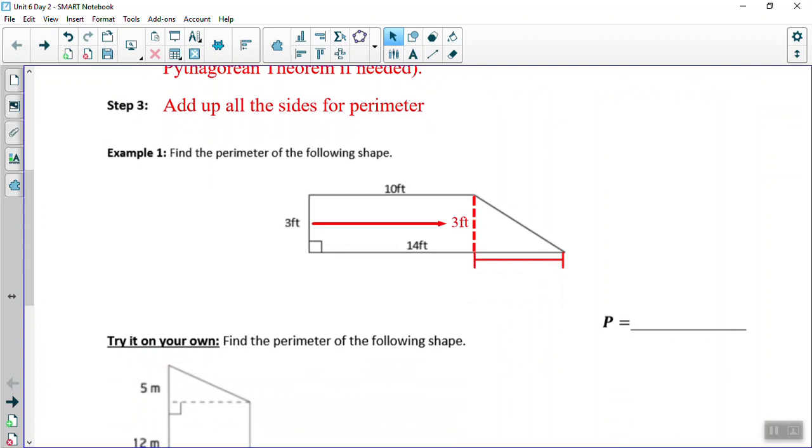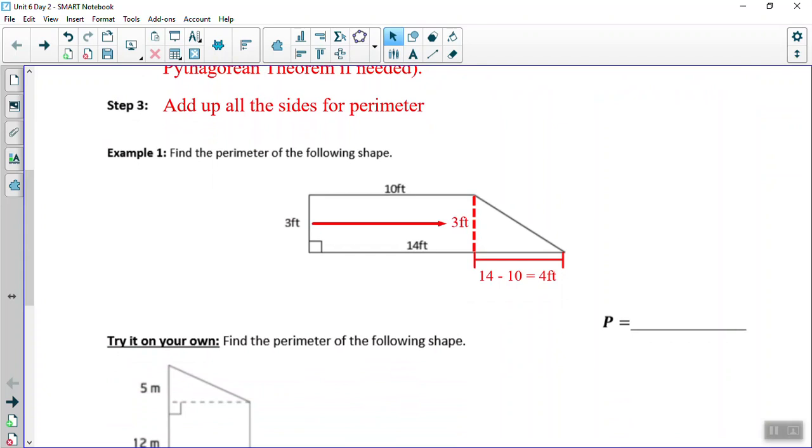We know that from here to here, which matches from here to here, is 10 feet. So to find the remaining distance, we take the total distance, 14, and subtract out the 10. That gives us 4 feet. So now this side right here has a length of 4 feet.